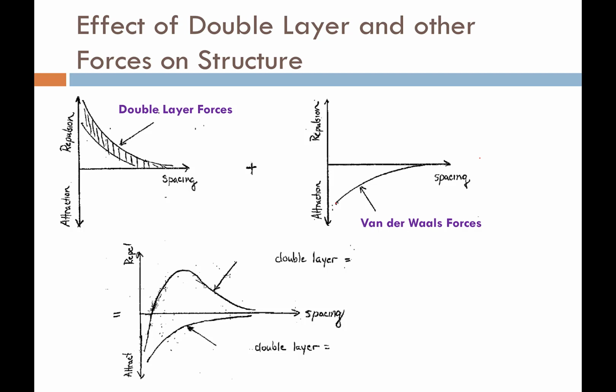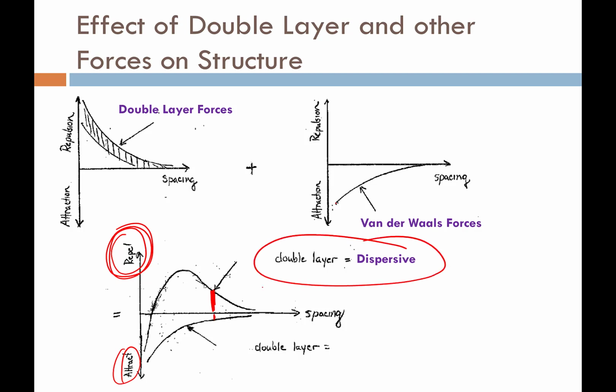If the forces that repel are larger than the forces that attract, then the clay is going to be what we call dispersive. The clay particles themselves will not touch one another. The double layers will push all the particles as far apart as they possibly can, and the interactions between the particles will be entirely 100% governed by the interactions between the double layers. Okay?